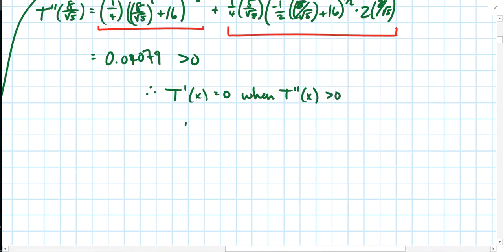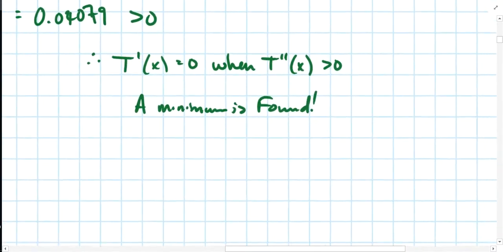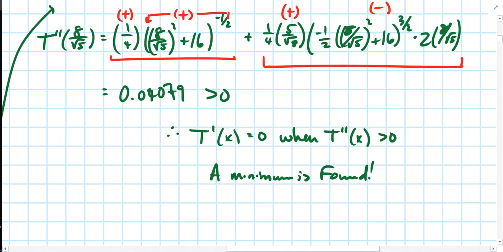So we found a minimum. And that's exactly what we wanted. We wanted to find the minimum time that it takes to get somewhere. So we found it now. And evidently this 8 divided by the square root of 5 is the minimum position, or I should say is the position that minimizes the time that it takes to get to the restaurant.